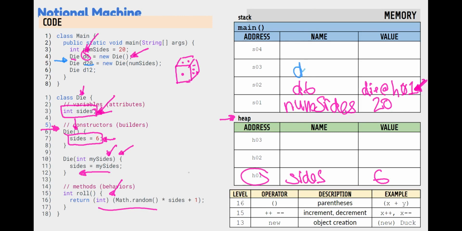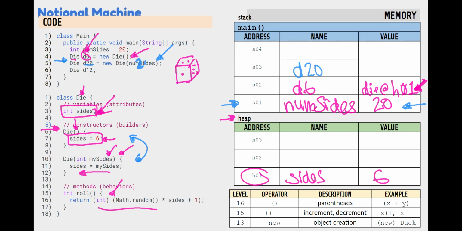We gave it the name D20. This time we are calling a different constructor. Remember, we have two constructors. We have overloaded constructors. So we're going to call a different constructor, and we are passing in a parameter numSides. Well, we can look into our stack memory and we can see numSides has the value of 20.